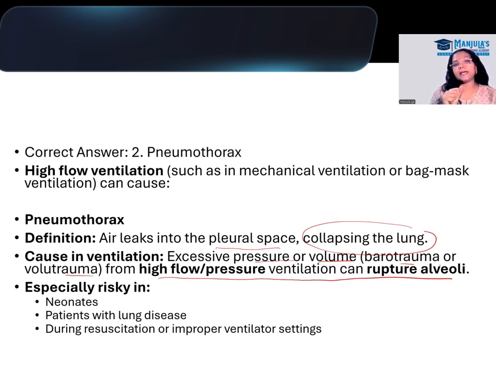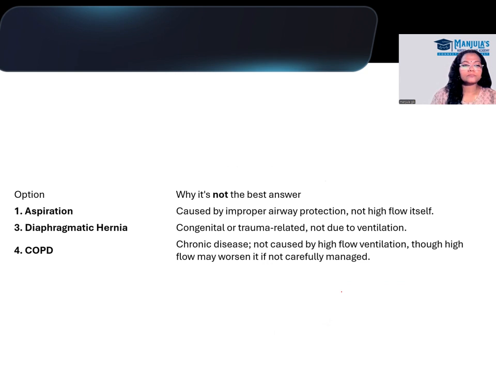Even if you are using the bag and mask ventilation, if there is so much pressure you are delivering to the lung, then it will cause rupture of the alveoli. This is especially very risky in neonates and people with lung diseases, and also if you are resuscitating with improper ventilator settings.